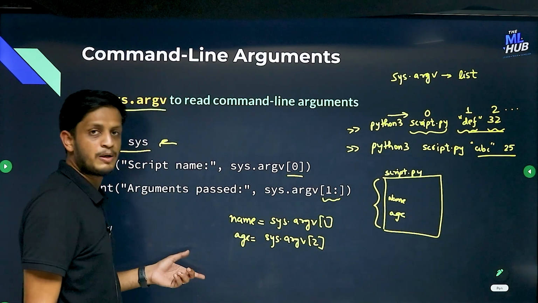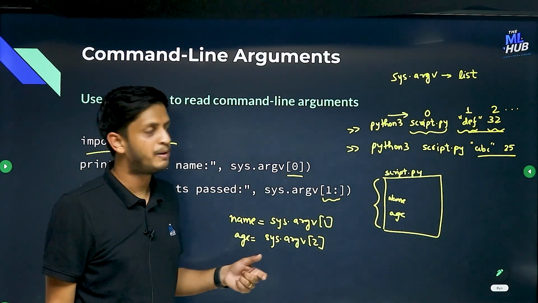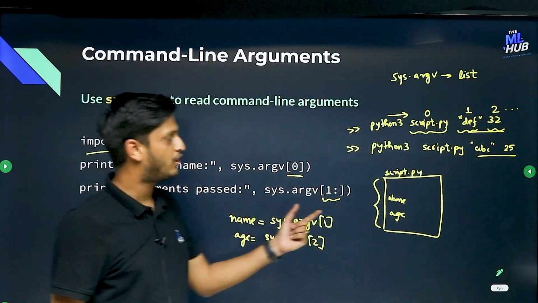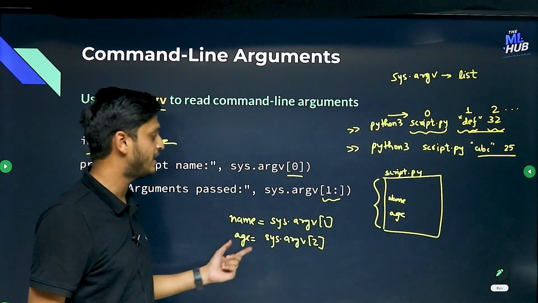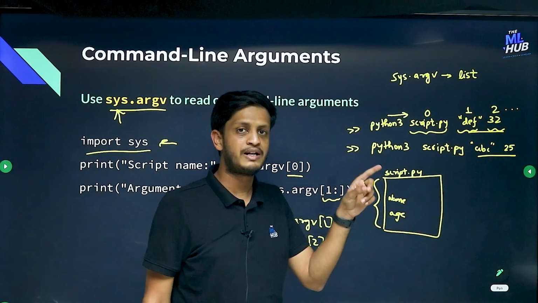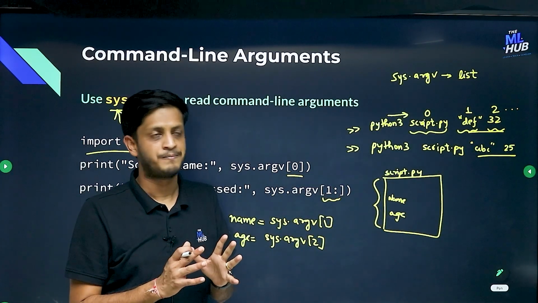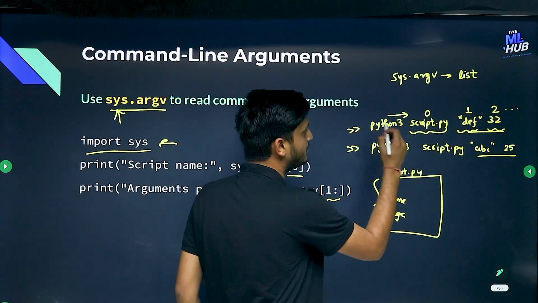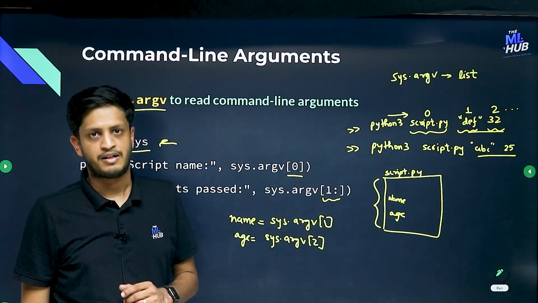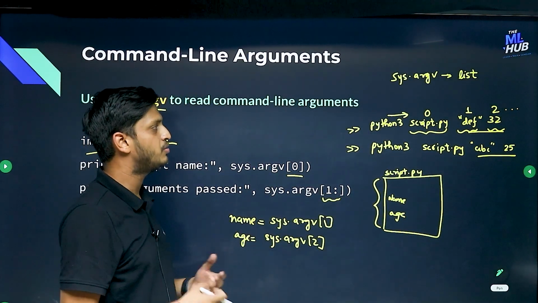So now in this particular program, if you write these two lines, what will happen? Whatever you pass as the first argument will go in name, and whatever you pass as the second argument will go in age. Always remember, the 0th index will always be the script name, because whatever you write after python3 goes in the list called sys.argv. Got it? So this is how you can use command line arguments.